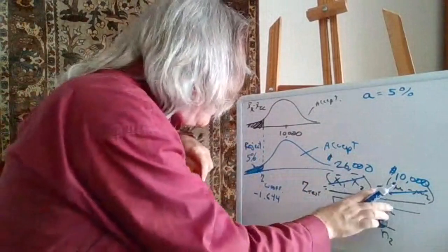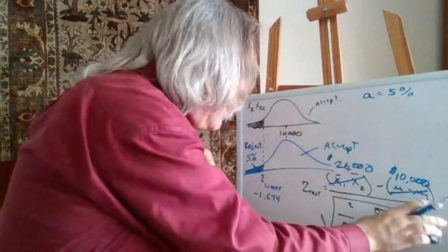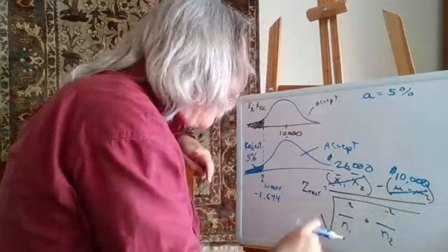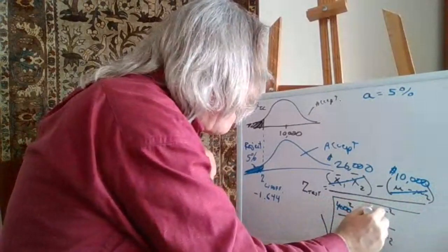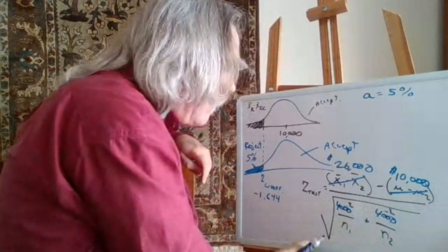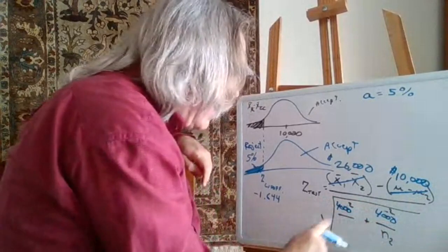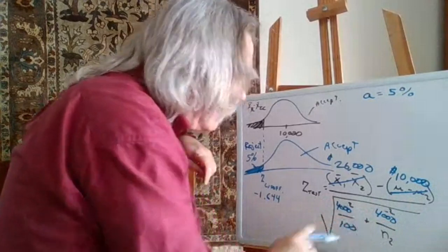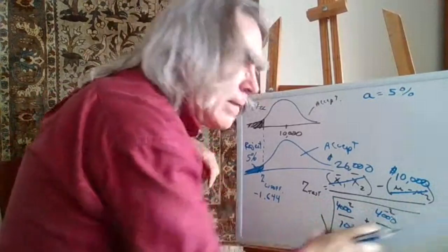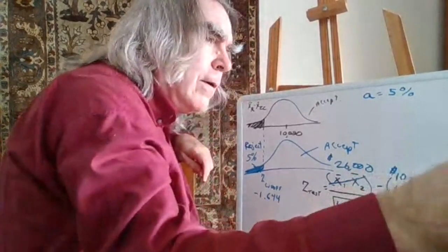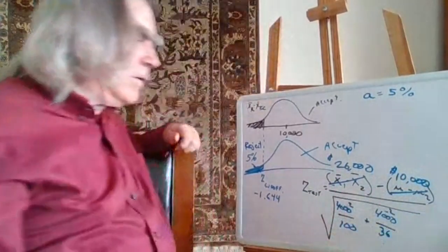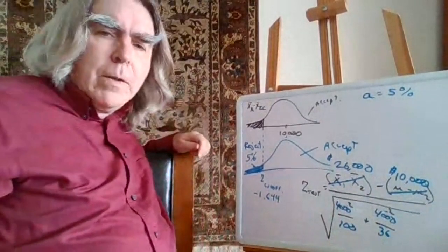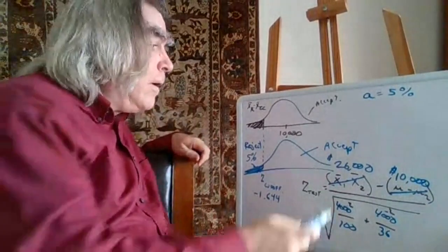Down on the bottom, what did we have? Sigma 1 and sigma 2 were both 4,000. And n1 was 100 observations, and I think n2 was 36 observations. Right? So now what do we have to do?